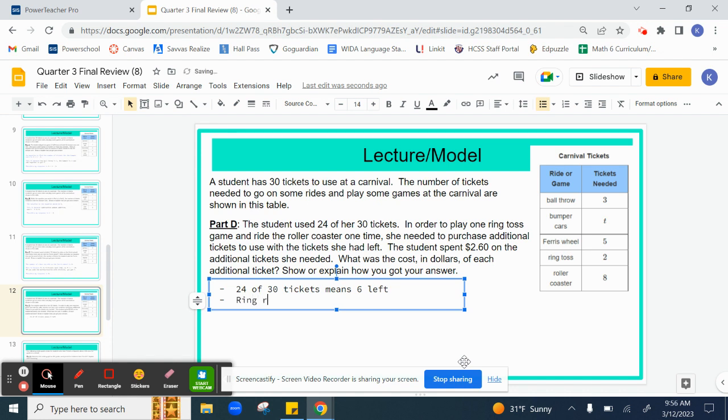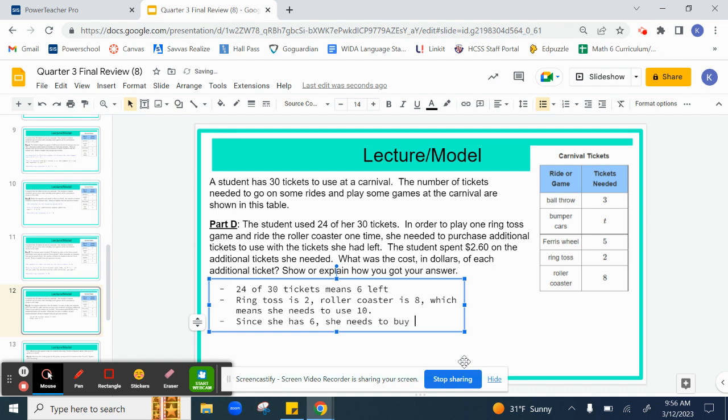So ring toss is 2. Roller coaster is 8, which means she needs to use 10. Since she has 6, she needs to buy 4 tickets.